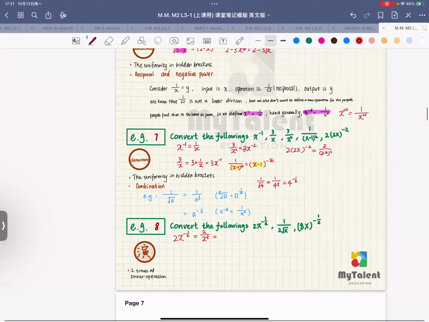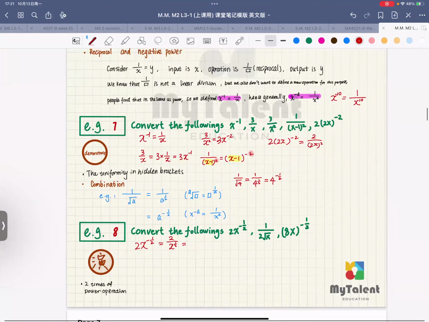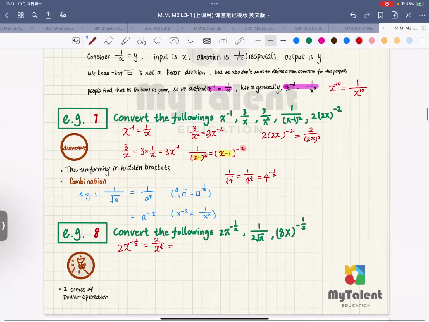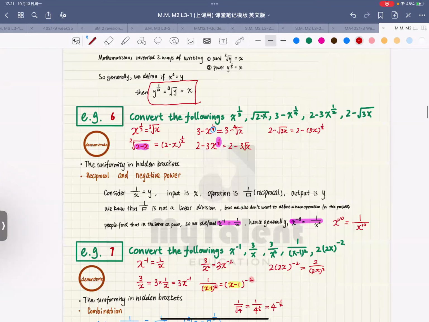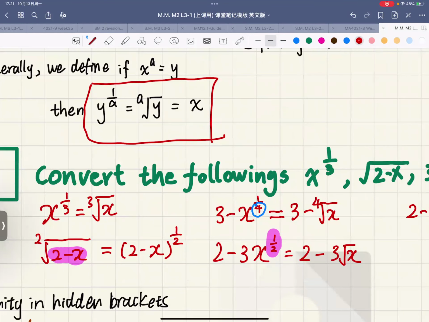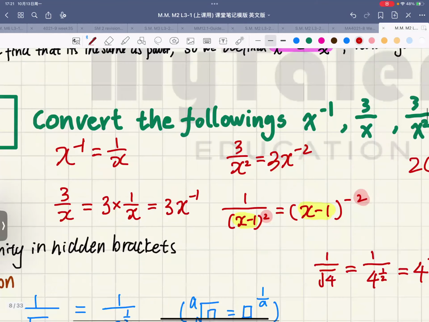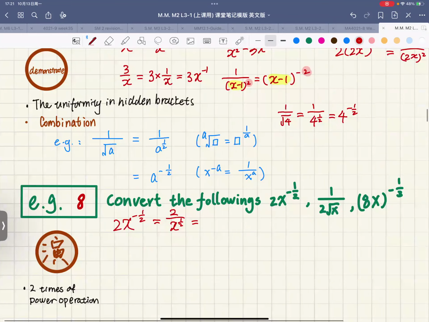No? Okay. Let's go back to here. This is the formula. Okay, I will write it down here. y to the power of 1/a is equal to, sorry, not square root, a root y.